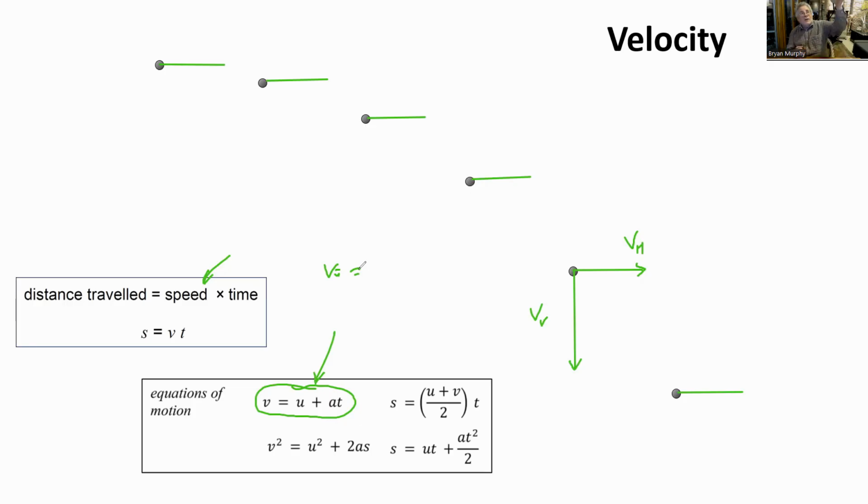The moment I let go of this thing, even if I throw it horizontally, the initial vertical velocity is 0. Therefore, U goes. So now I've got V equals the acceleration times time. So V equals a times t.